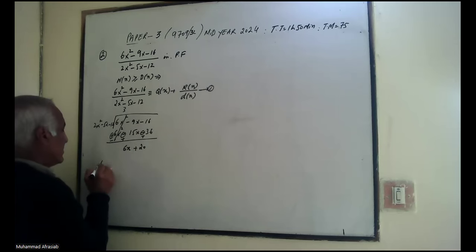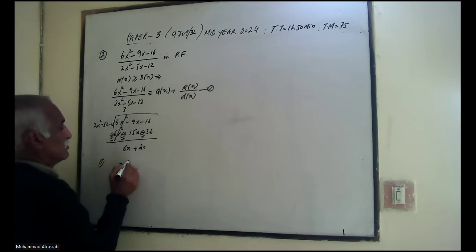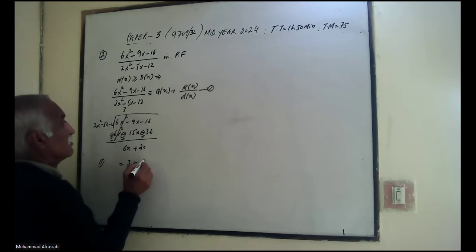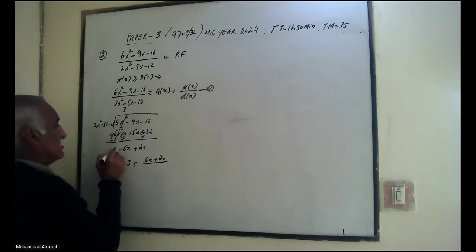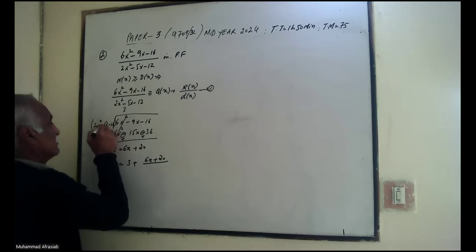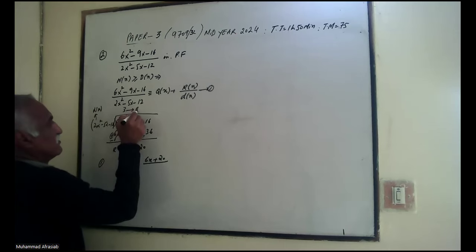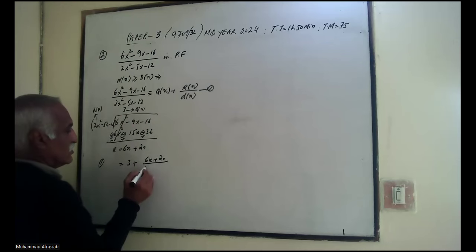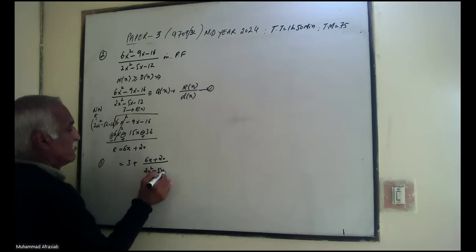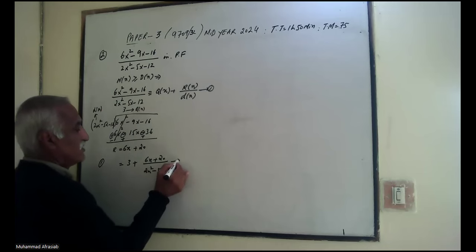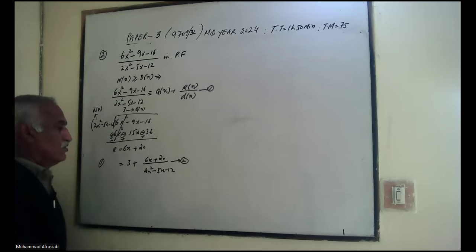So equation number 1 will become equal to 3 plus 6x plus 20. This is the remainder, this is the divisor, and this is the quotient, over 2x squared minus 5x minus 12. Let's say that is equation number 2.